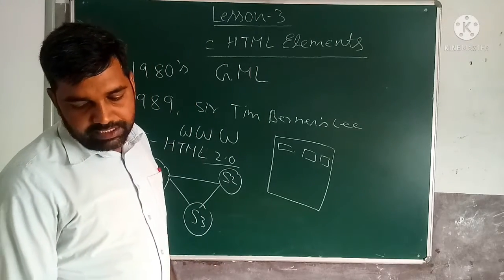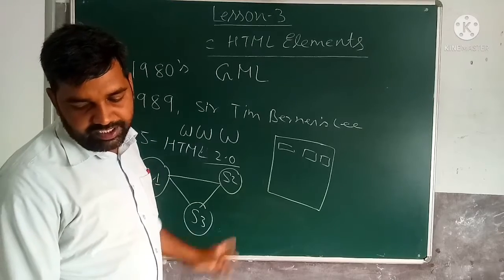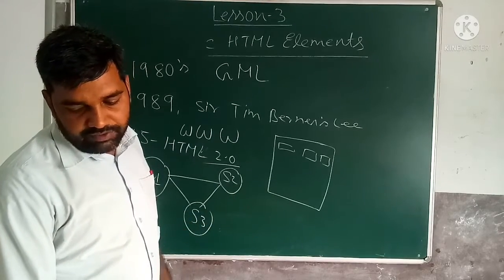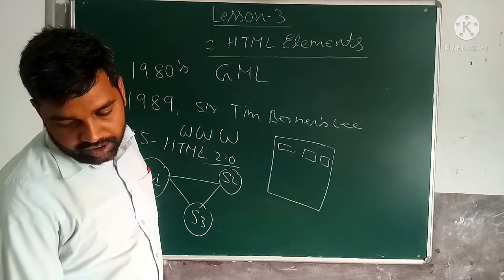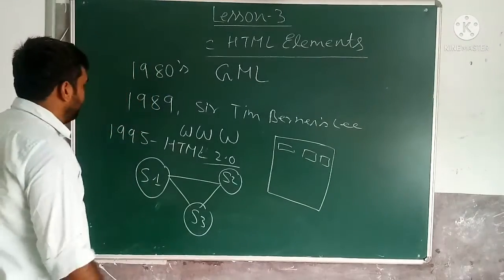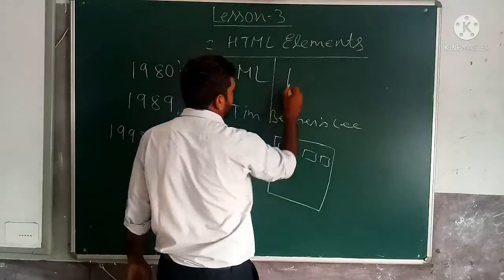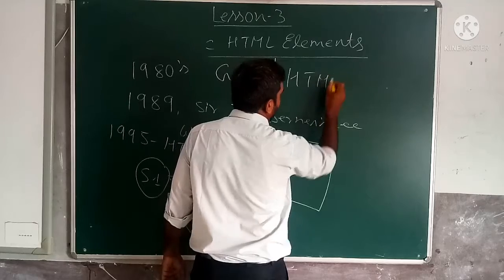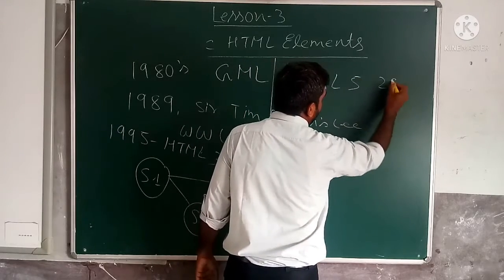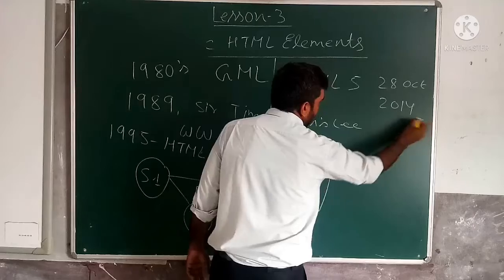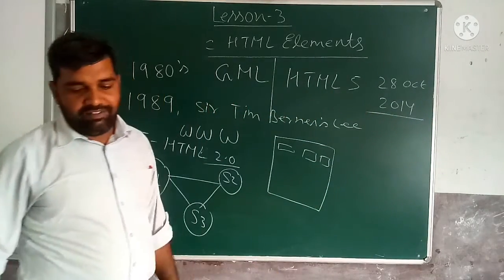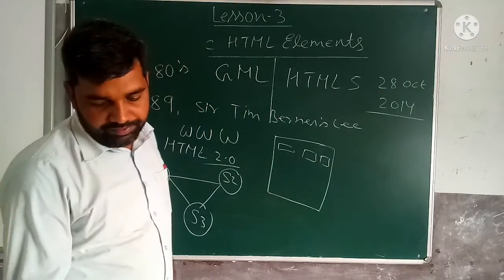Now after 2 years, HTML version 3 was announced, in 1997. Then HTML version 4 came 2 years later, and HTML 5 was released on 28 October 2014, which is the latest version of the HTML language, HTML 5.